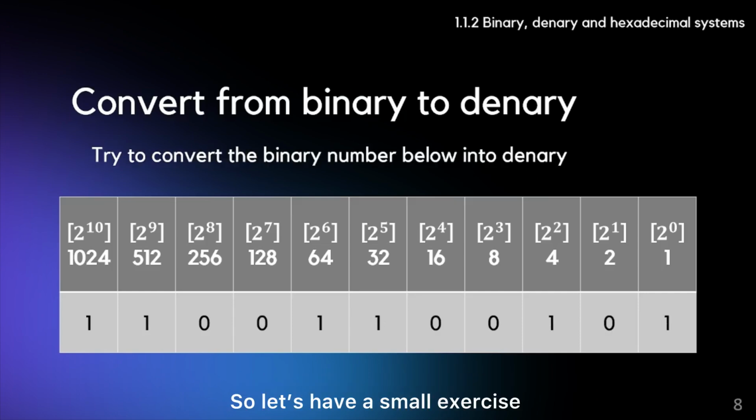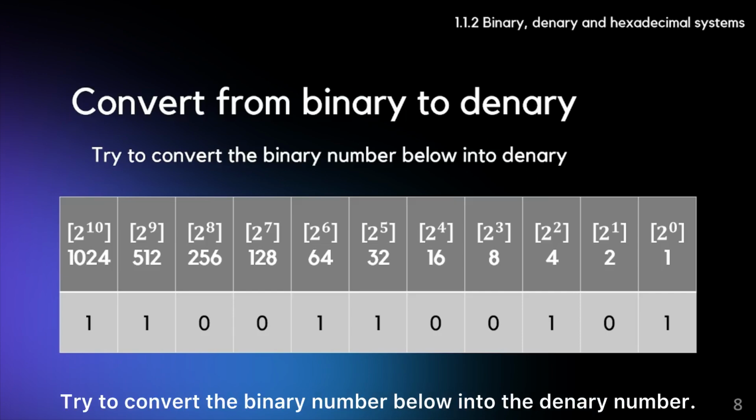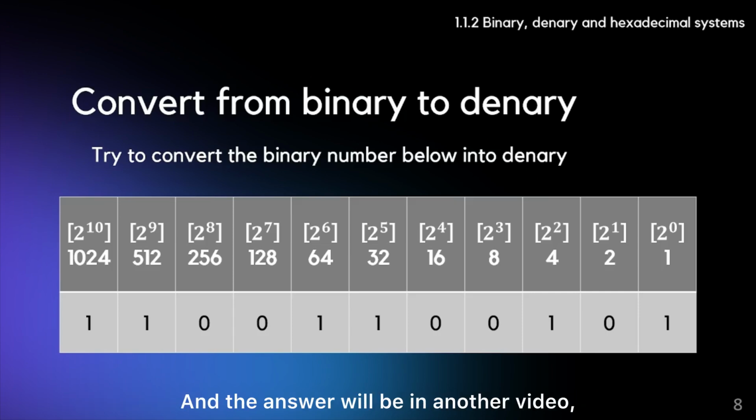So let's have a small exercise about converting from binary to denary. Try to convert the binary number below into the denary number, and the answer will be in another video, so you can pause the video and try it by yourself.